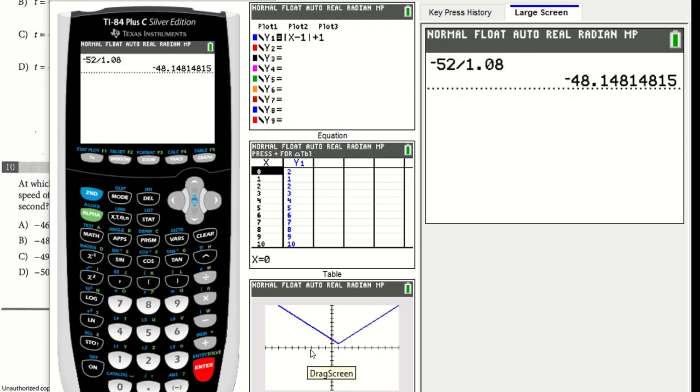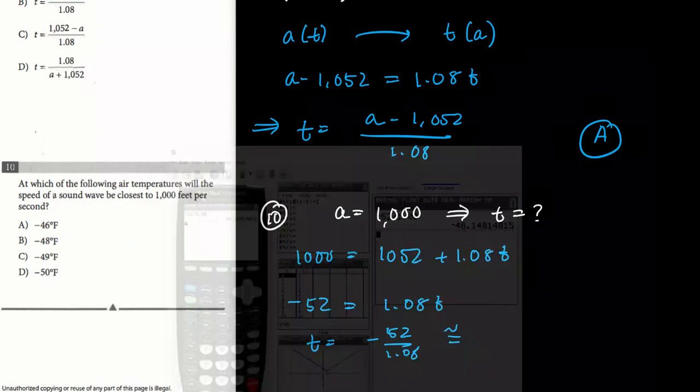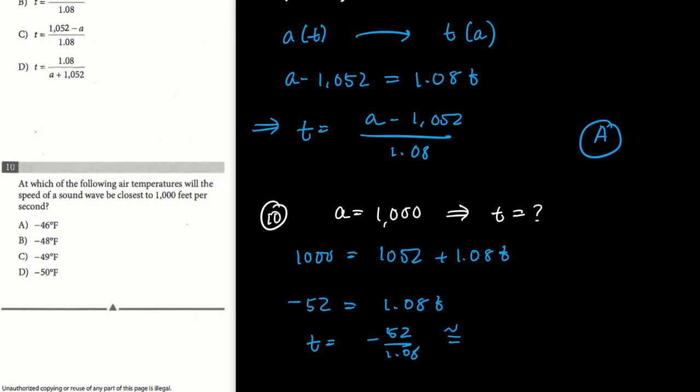So we get negative 48.15. So our answer in this case will be negative 48.2, which corresponds to answer choice B. But as I promised, I want to show you how you can really use your calculator to your advantage, because this is a skill that'll go beyond just the SAT.